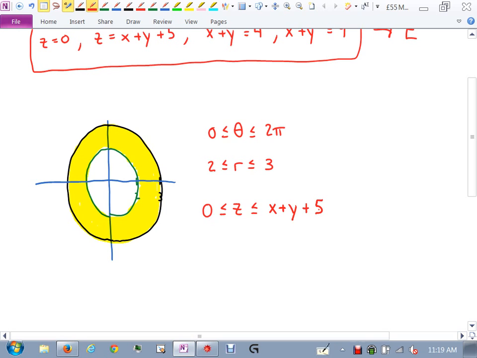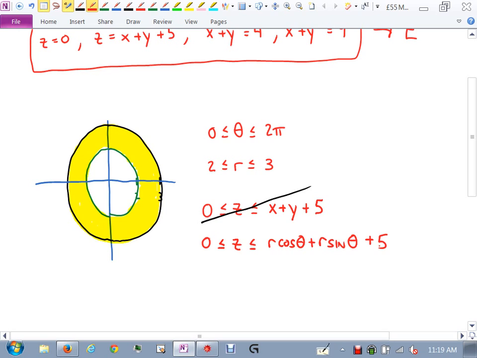So this restriction actually changes to r cosine theta plus r sine theta plus 5. So that's your x plus y plus 5. Agreed? Yeah?